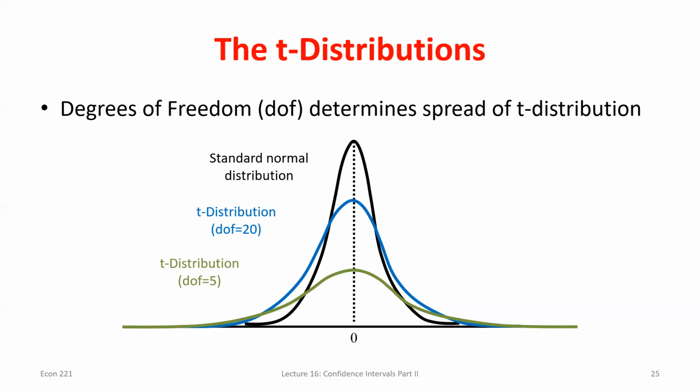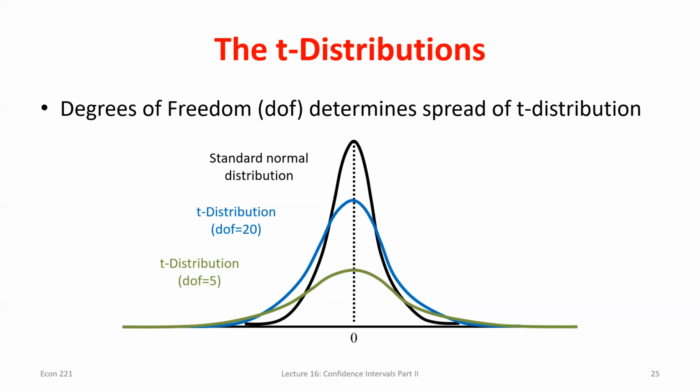Yeah, I'm going to have to choose something, I drew this really extreme, so I might have to go all the way out here so that I can get alpha over 2 on that right side. So when we're looking up these student t values, for the same level of confidence, the same alpha divided by 2 area in the tail, I'm going to have to be using a higher number of standard deviations away, so my t values will always be higher than those standard normal values that we found.